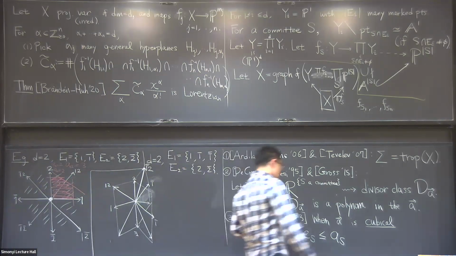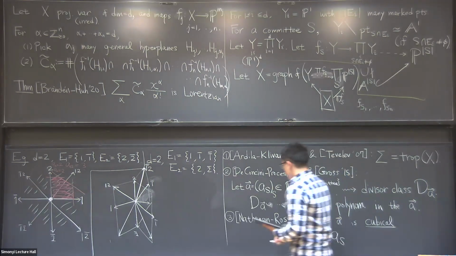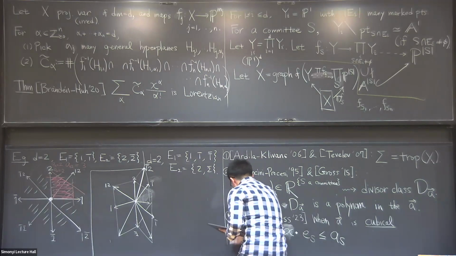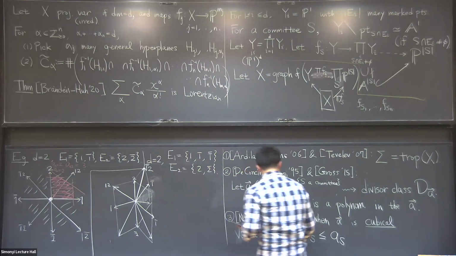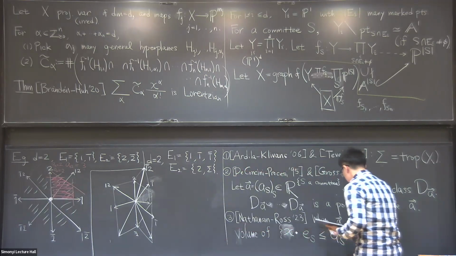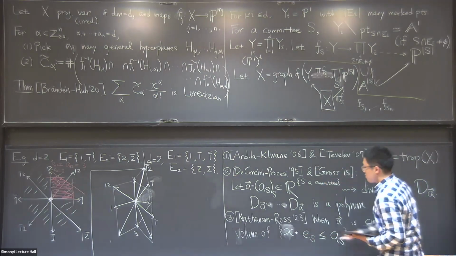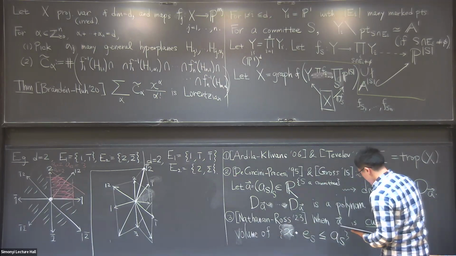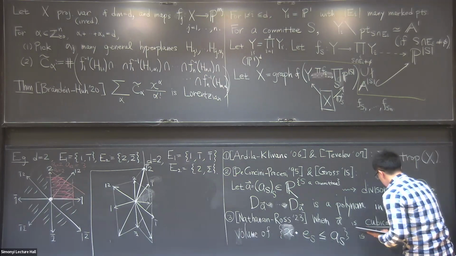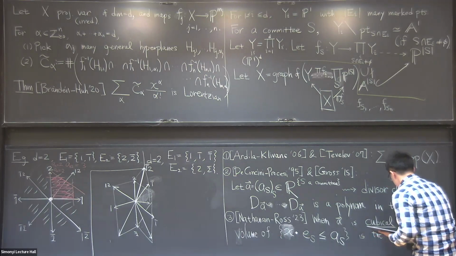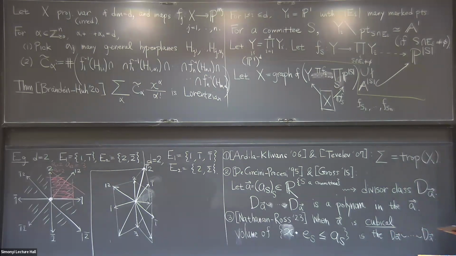And the upshot of this is that when this is cubical, the volume of this not even well-defined set, but this polyhedral complex, the volume of this with the appropriate notion of volume is the self-intersection number, or this cup product.